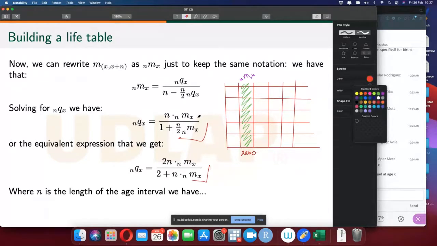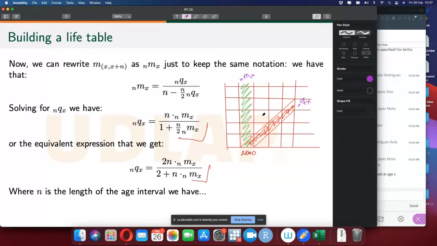So what we are doing by using this expression is, okay, well, I don't want that. I want to track a cohort throughout life, and I want to have the information regarding their mortality experience. So I'm essentially estimating this thing.